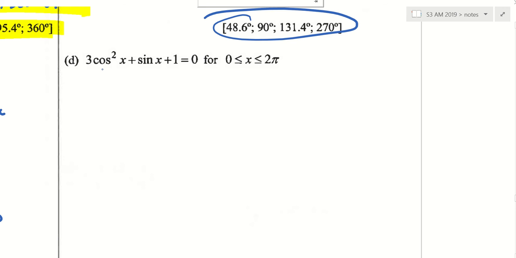The 3 cosine square, very good. What do you want to do with the 3 cosine square? Change to sine. How to change to sine? Which identity do you use? The first one. Do you know why? You have to refer to the first identity because it's given in the exam. Can you read out the first identity for me?